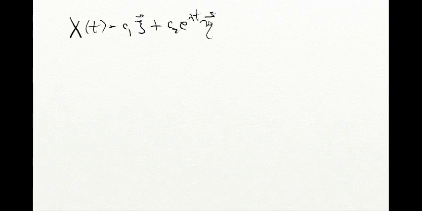Okay, continuing, so here is our general solution. x of t is c1 xc plus c2 e to the lambda t eta. So what do those solution curves look like? Here's our axes, and let's, for the sake of argument, assume that xc looks something like this, and eta perhaps is up here like that.